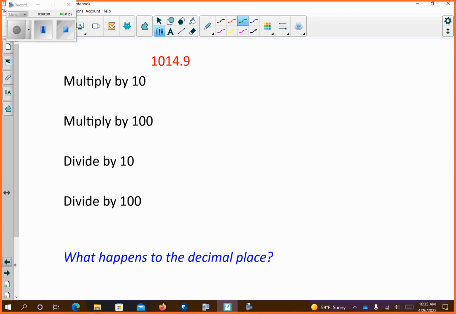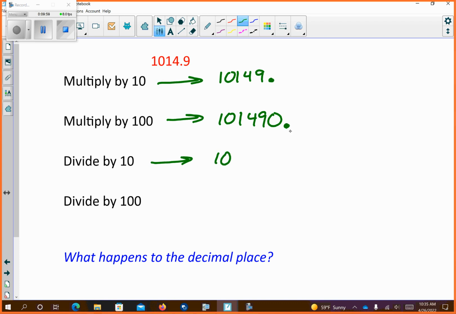All right, so what we're going to do here, if I were to multiply that by 10, I move the decimal 1 place to the right. If I multiply by 100, and then if I divide by 10, notice where the decimal, so right now the decimal falls here and here.